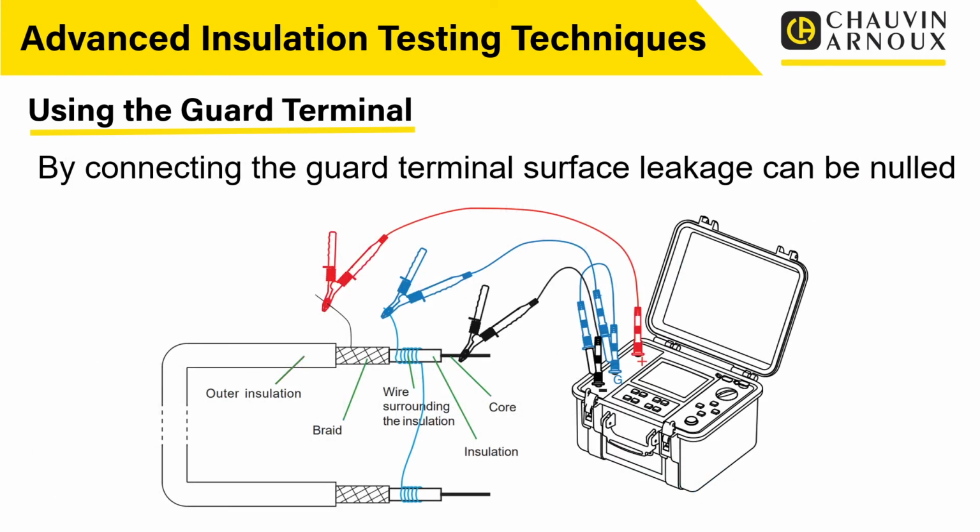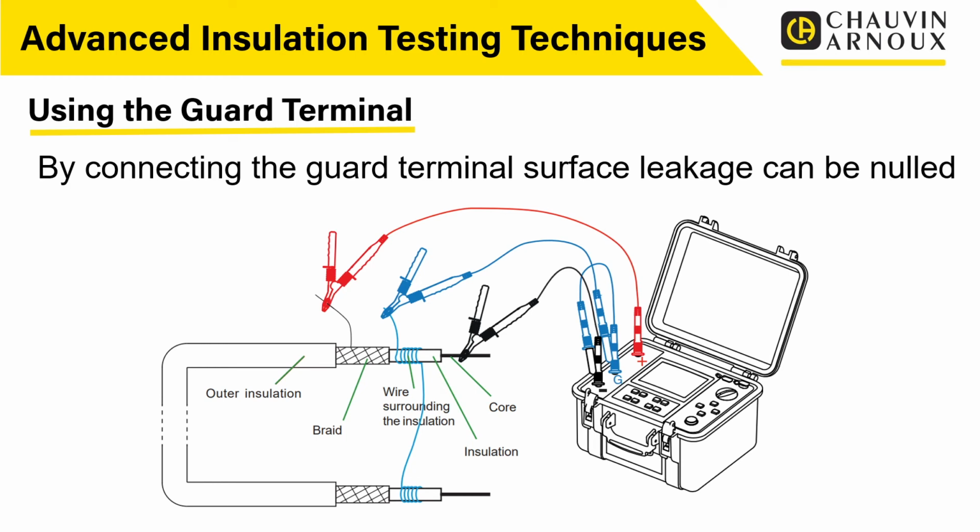So you can see here a diagram of how we use the guard terminal. What we've got is an insulation resistance test carried out here on a cable. What we're worried about is the insulation between the cores and the braiding on the outside. Across the surface where the cables are exposed at the end, we could get surface leakage, and that would cause problems for us.